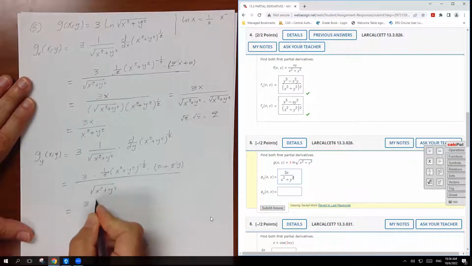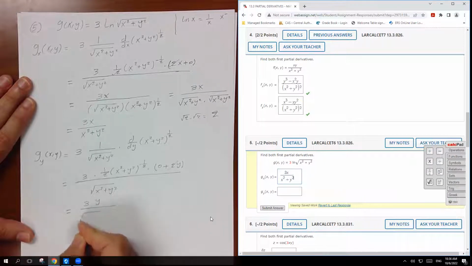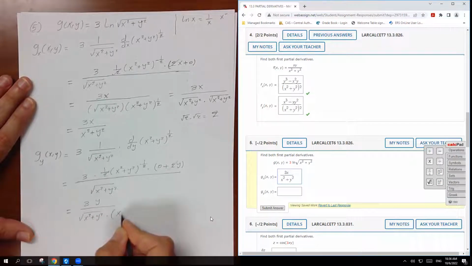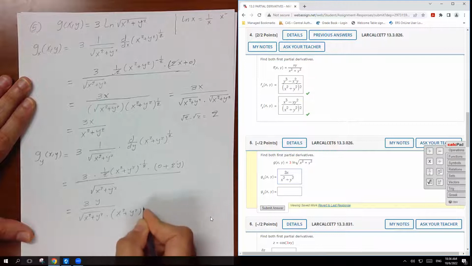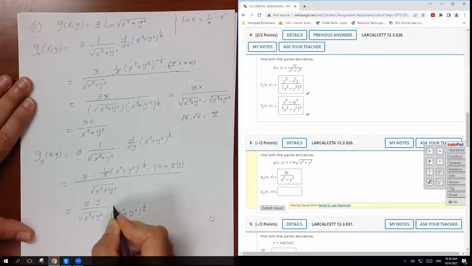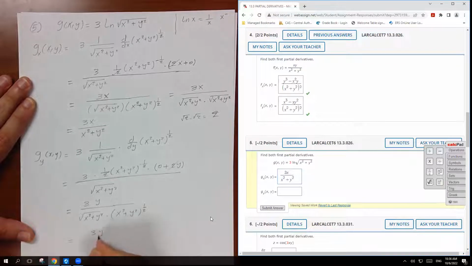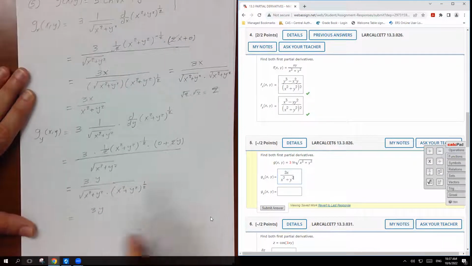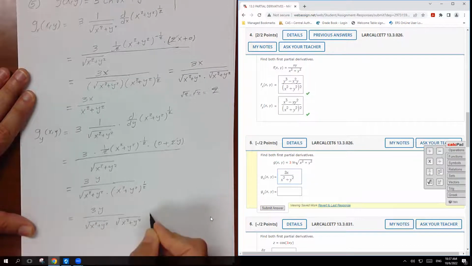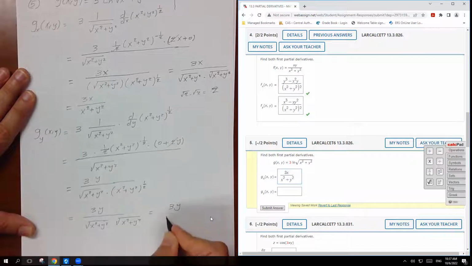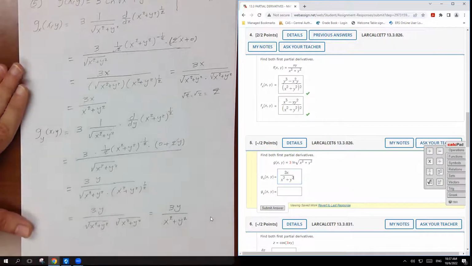So it's going to be 3y over square root of x squared plus y squared times x squared plus y squared to the half, which is the same thing, another square root. So 3y over square root of x squared plus y squared times square root of x squared plus y squared, and this one is going to be 3y over x squared plus y squared. That's it for this example.